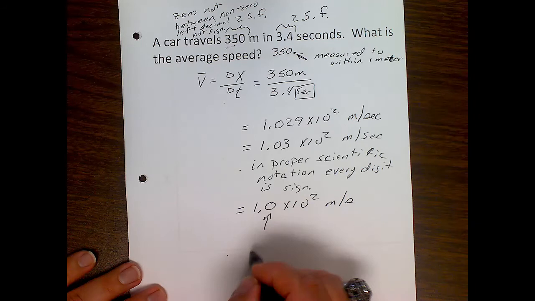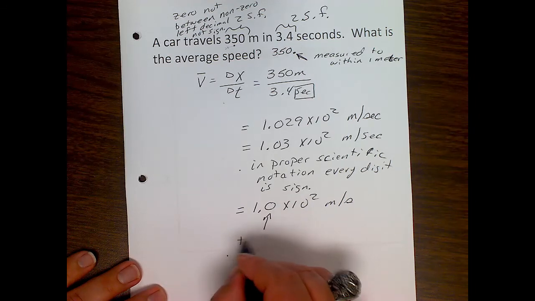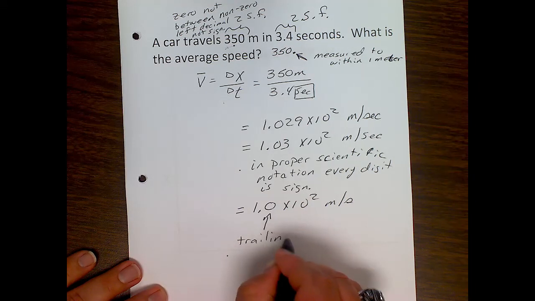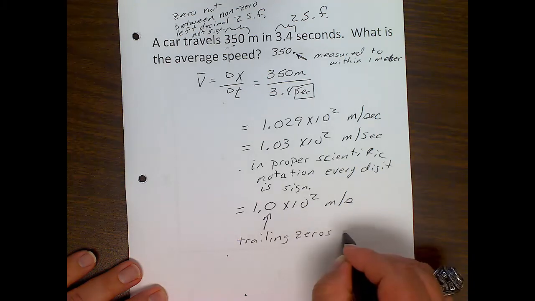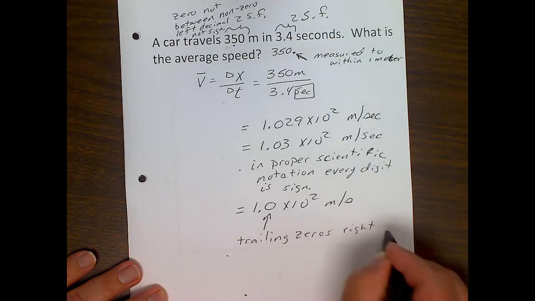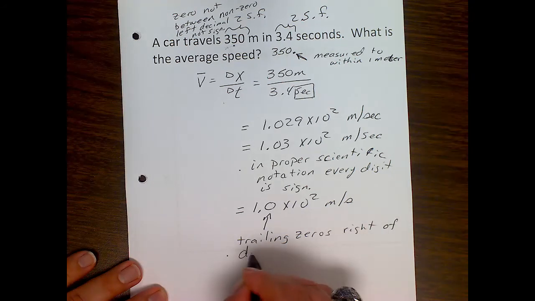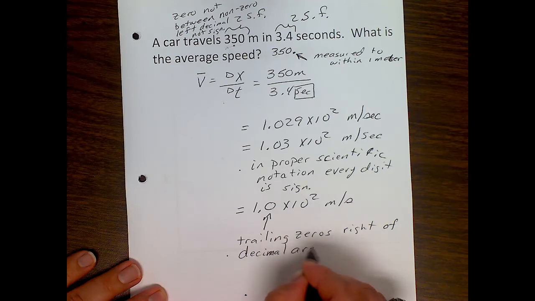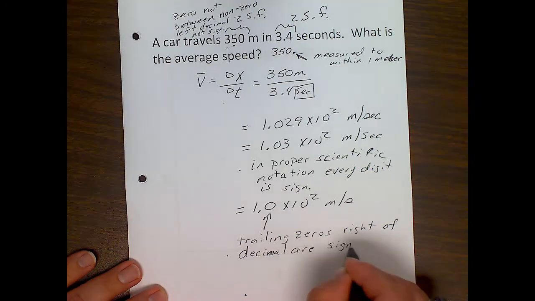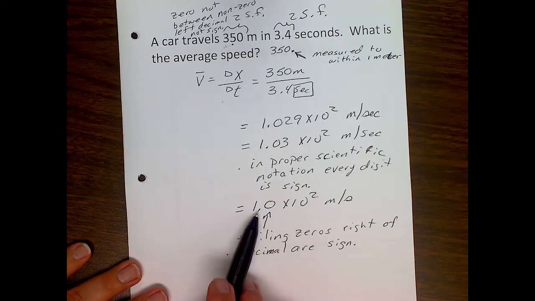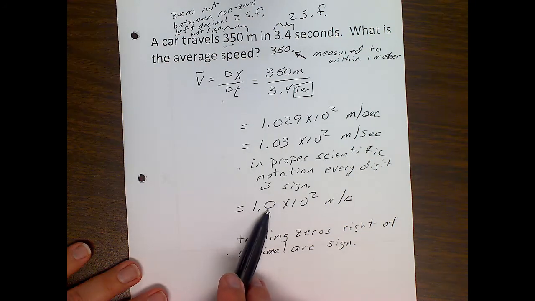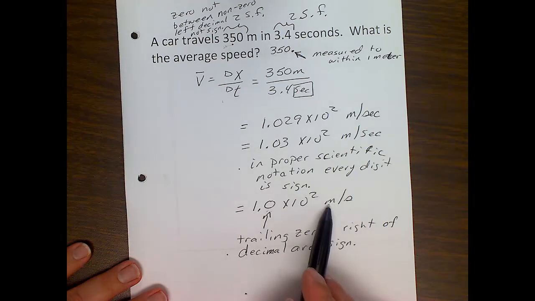Trailing zeros to the right of a decimal are significant. Now, I know that seems kind of arbitrary, but what this is saying is you know this precisely to the nearest tenth of a meter per second.